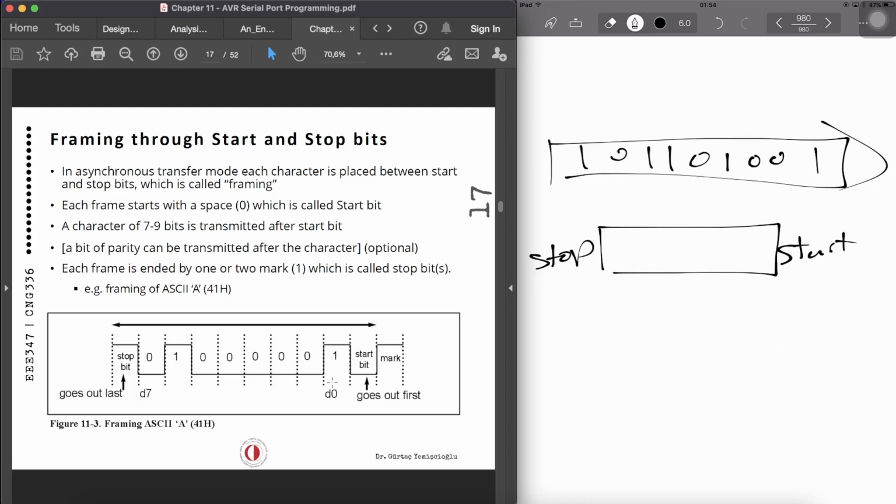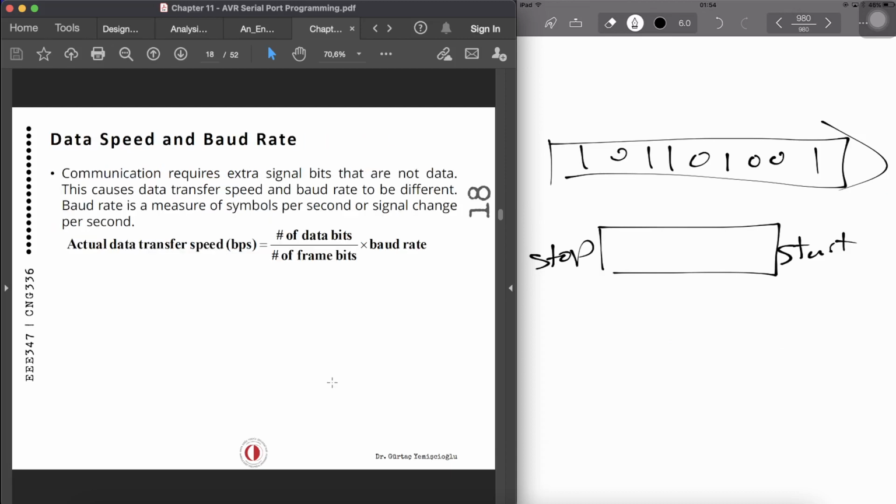The data transfer in serial communication is measured in bits per second, also known as the baud rate. The baud rate and the BPS, bits per second, are not necessarily equal. This is because baud rate is modem terminology, and it is defined as the number of signal changes per second.